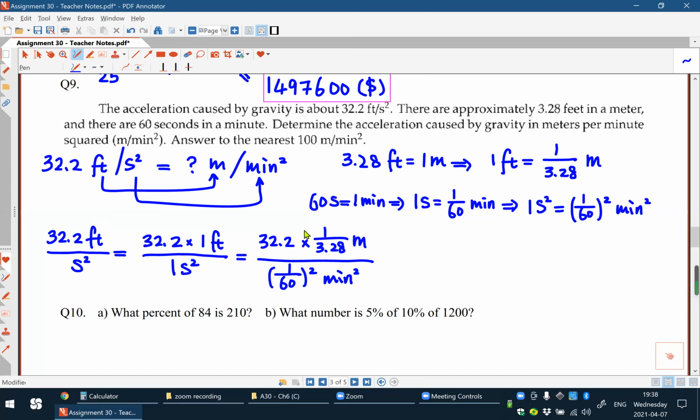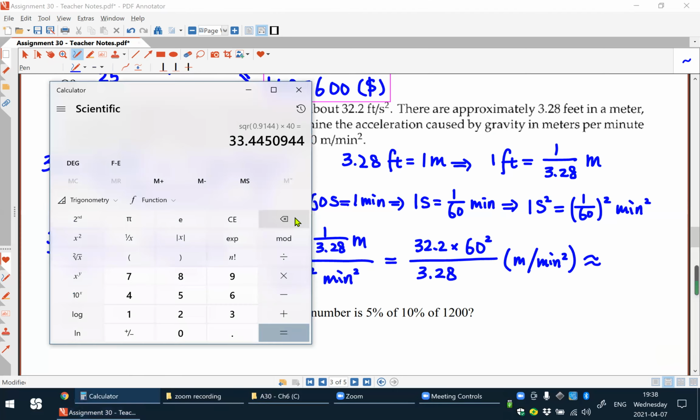All you need to do is to calculate the numbers here, which is 32.2 times 60 squared over 3.28. Unit is meters per minute squared, right? Okay, note it asks us to round it to the nearest 100 meters.